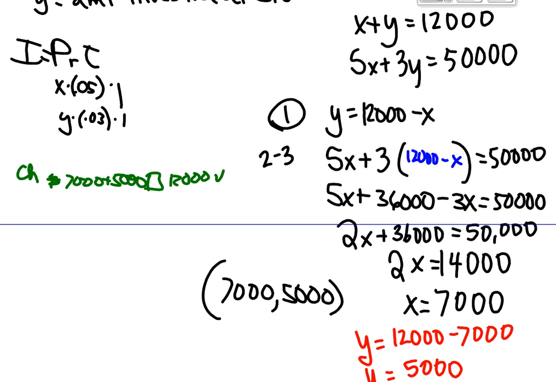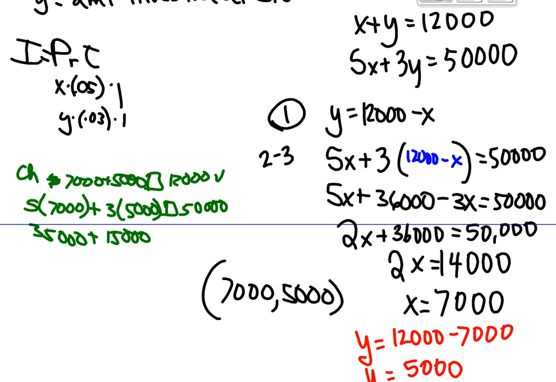And then I'll use my big number one, or I wouldn't really have to. 5 times 7,000 plus 3 times 5,000. And how does that compare to 50,000? There we go. And that's 35,000 plus 15,000, and so those are the same.